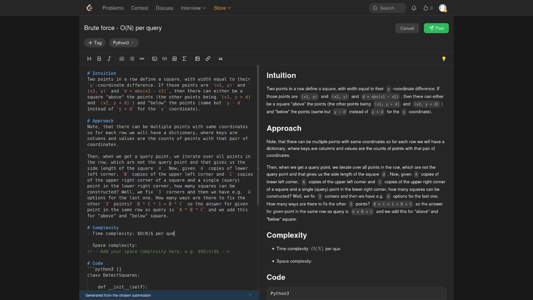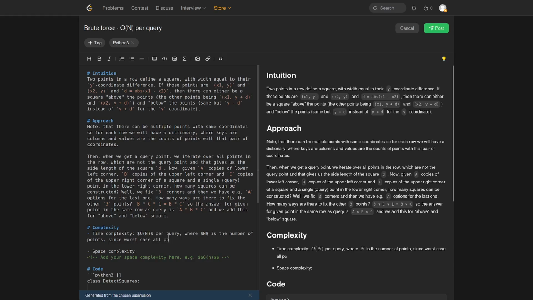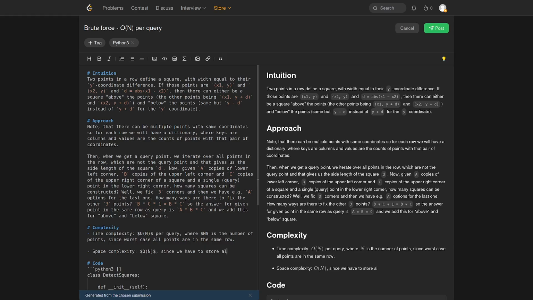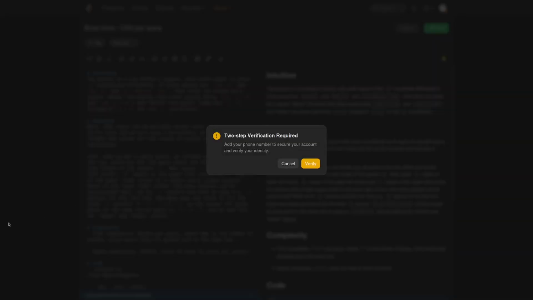O enter query where since worst case all points are in the same row. Okay, space complexity, since we have to store all points. Okay, can't post, goodbye.